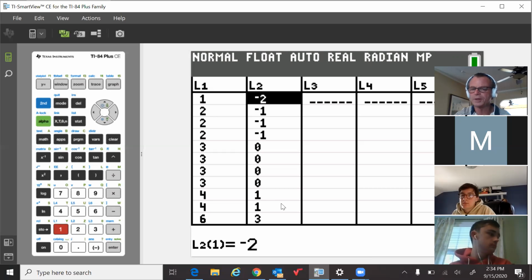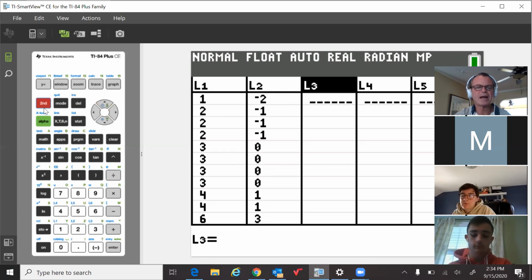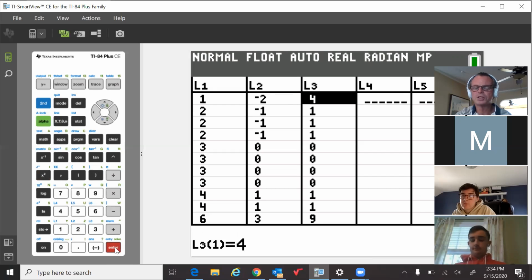So one way to deal with that is you could square this. So I could go to list 3 and type second 2 x squared. And we squared list 2. Now what?